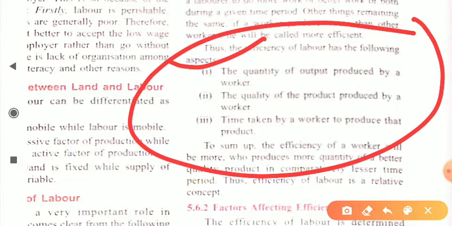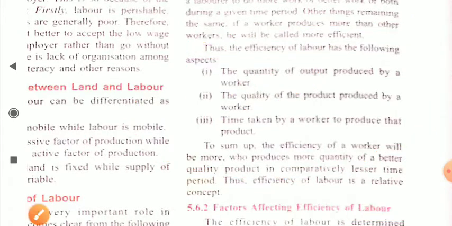Suppose a worker produces 100 units and all 100 are of very good quality; we have to measure both the quantity of output and its quality.